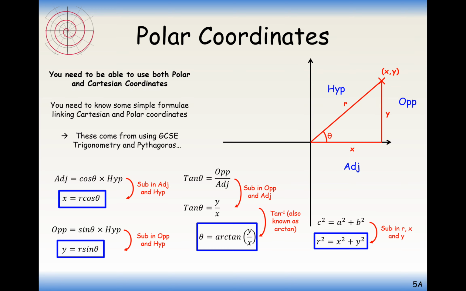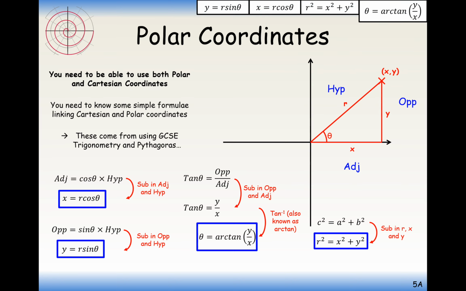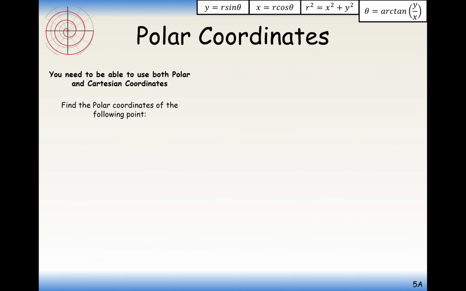So there we are, 4 important formulae that link theta and r to x and y. So have those in the back of your mind, as always, to be able to be used whenever you need them.